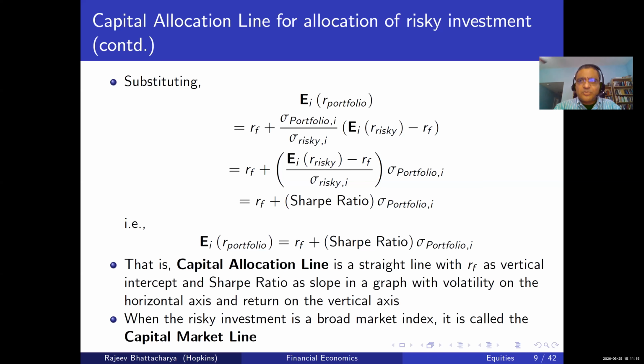The theory says the risk-free rate remains the same, but in practice it doesn't. So you will have to be careful: if you're doing the capital market line for two different time periods, the risk-free rates will be different for the two, so the y-intercepts will be different.